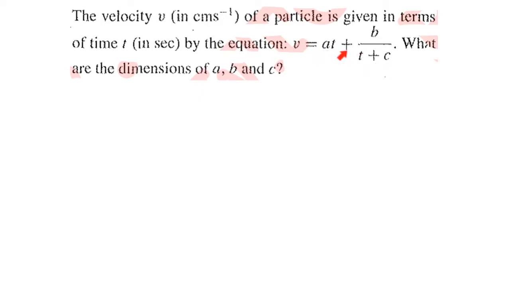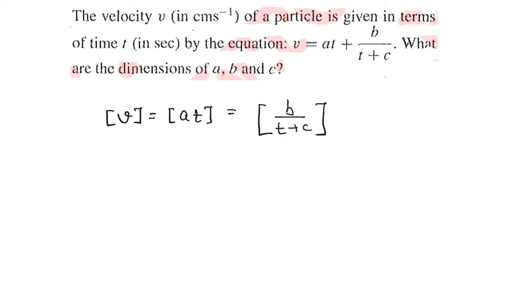So velocity plus velocity will give you what? Very good. So we can say velocity. We can say the dimensions of V is equal to the dimensions of AT is equal to the dimensions of B upon T plus C. Class, it is correct.